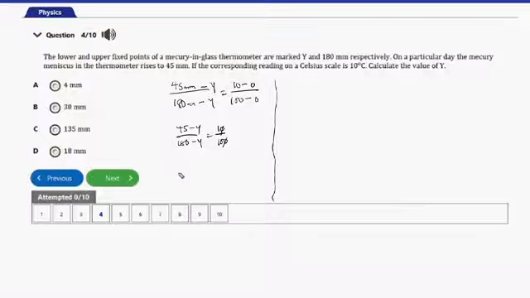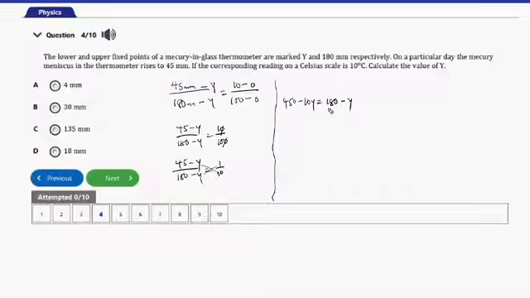So if we cross multiply, we're going to have that 450 minus 10Y is equal to 180 minus Y.